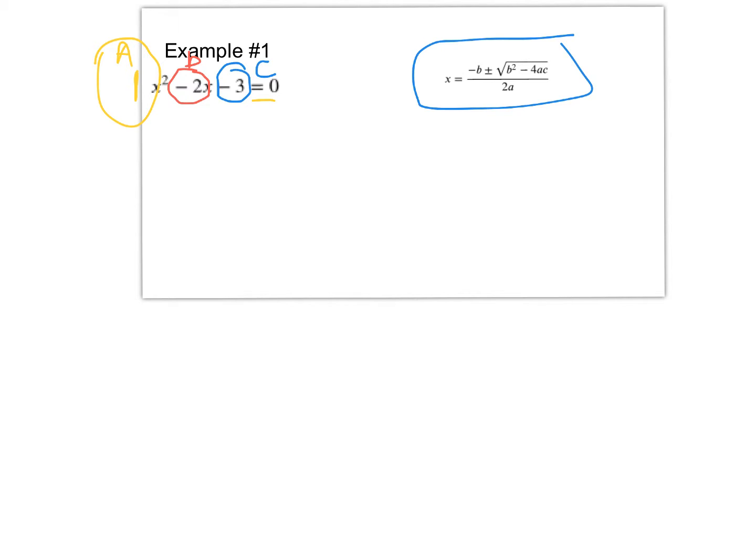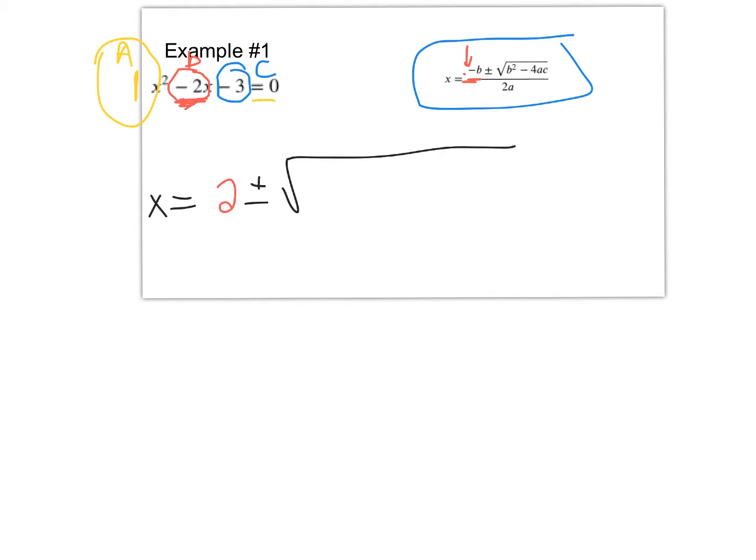So here we go. x equals negative b. Now my b value is negative 2, but the quadratic formula says b has to be negative, so we change the sign. That's what the negative in front here means. So if I'm taking a negative 2, that's really just positive 2. Plus or minus radical.